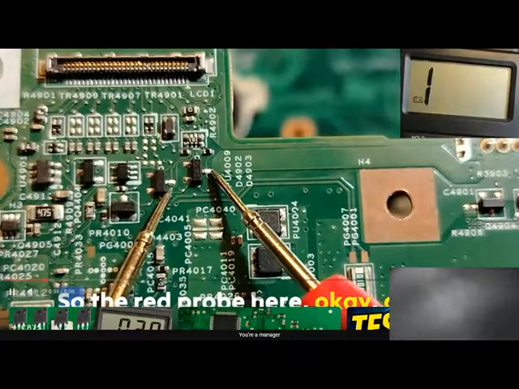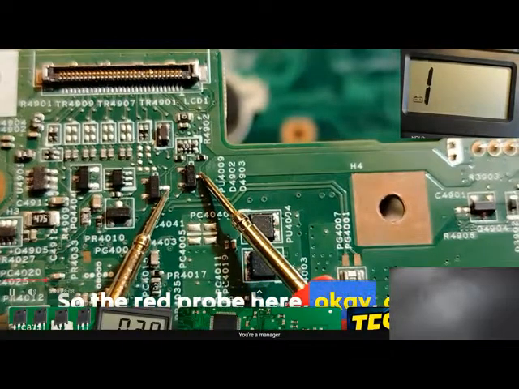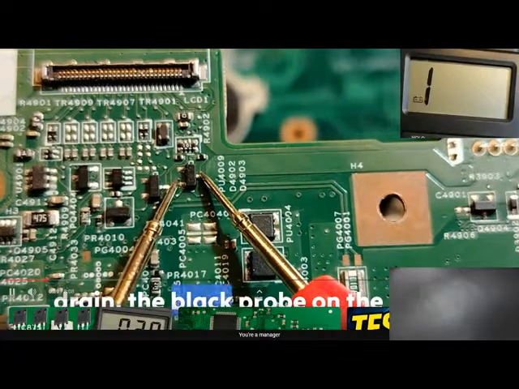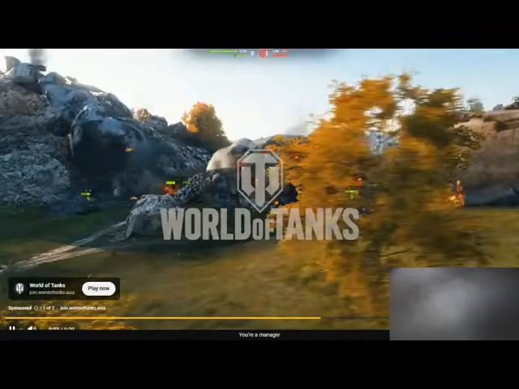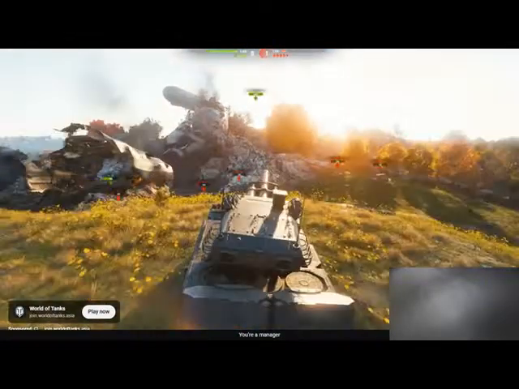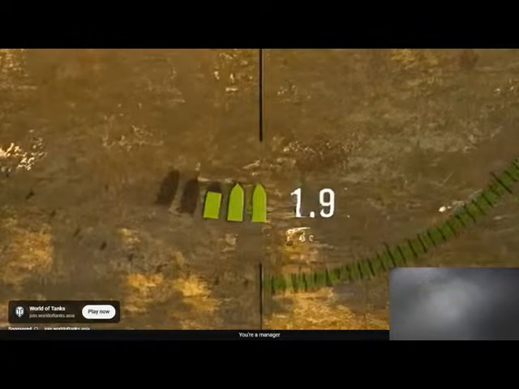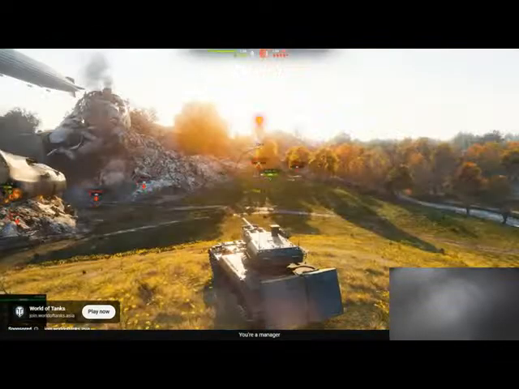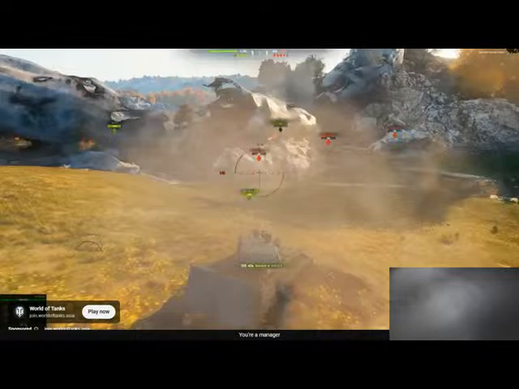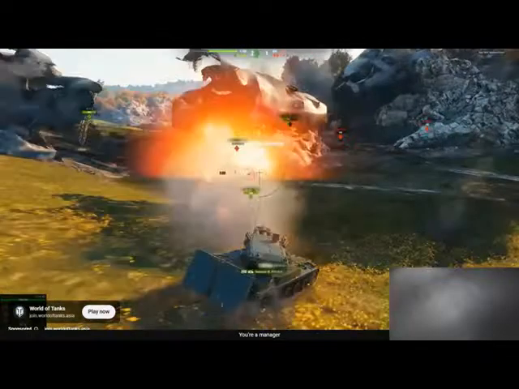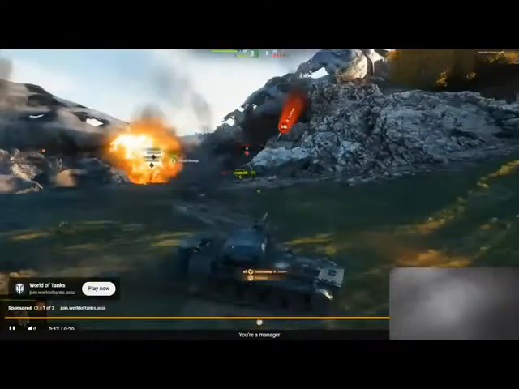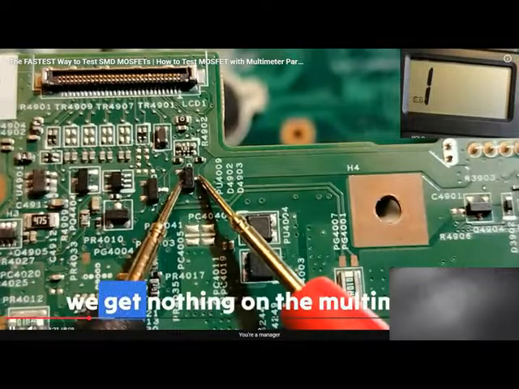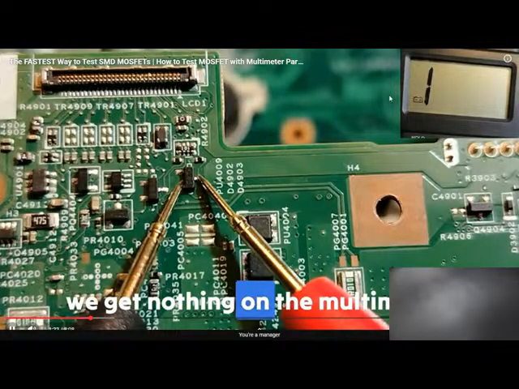So the red probe here on the drain, the black probe on the source. We get nothing on the multimeter.